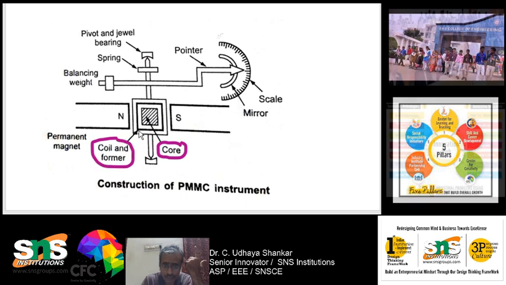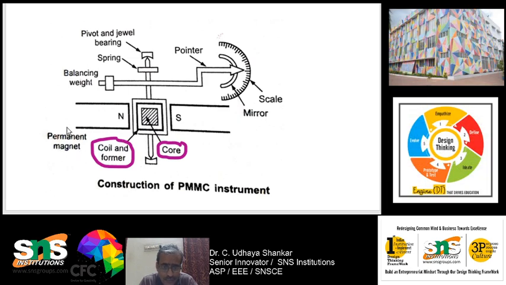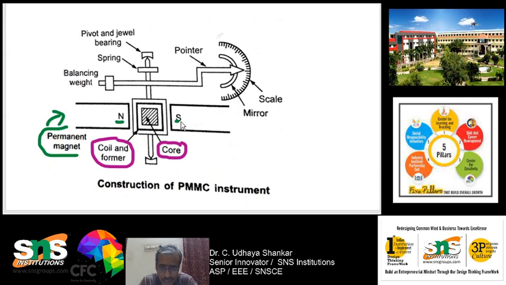Here you can see the coil, and the entire thing is embraced in an aluminum frame. So this is how it looks, and this is a horseshoe magnet. Again you can see that a permanent magnet is used, okay, with north and south poles, here north, here south.